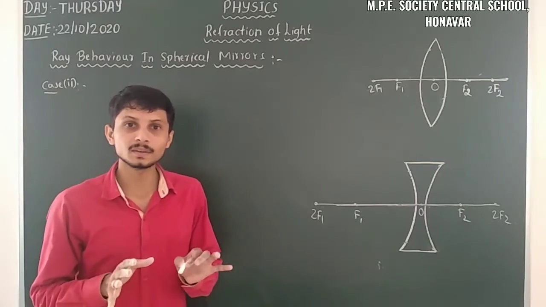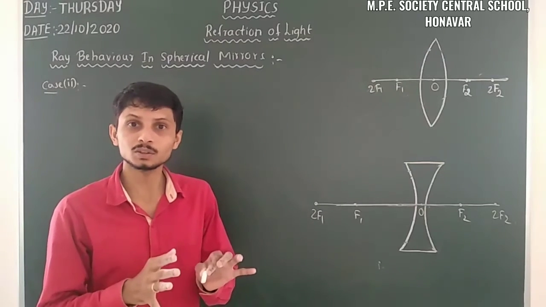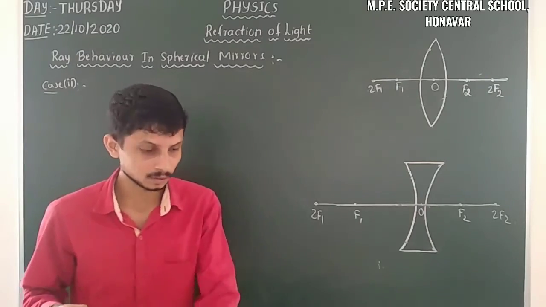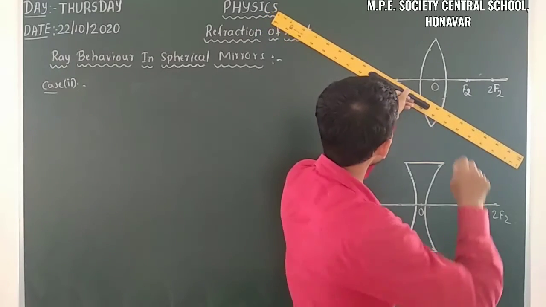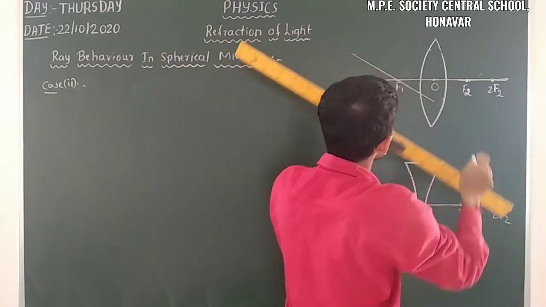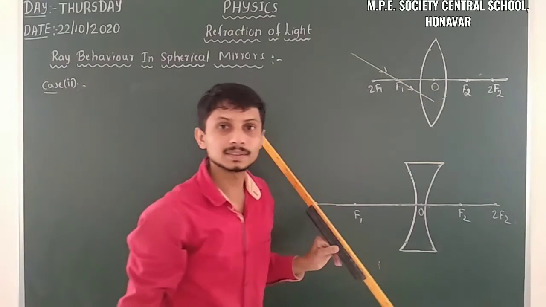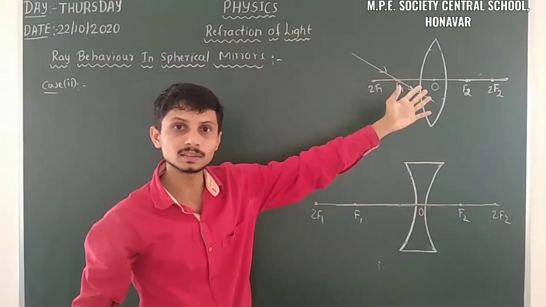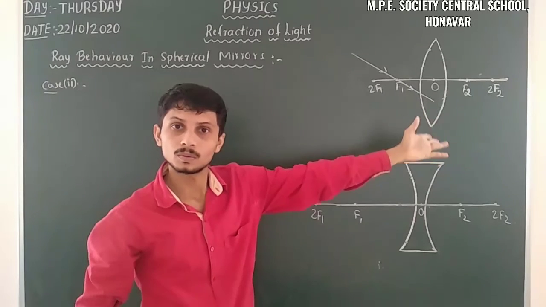Case 2 is when a ray is initially passing through the principal focus. After refraction, what happens? Firstly we take the convex lens. It passes through the principal focus of the convex lens. We already know that when a ray parallel to the principal axis falls, it converges towards the principal focus.